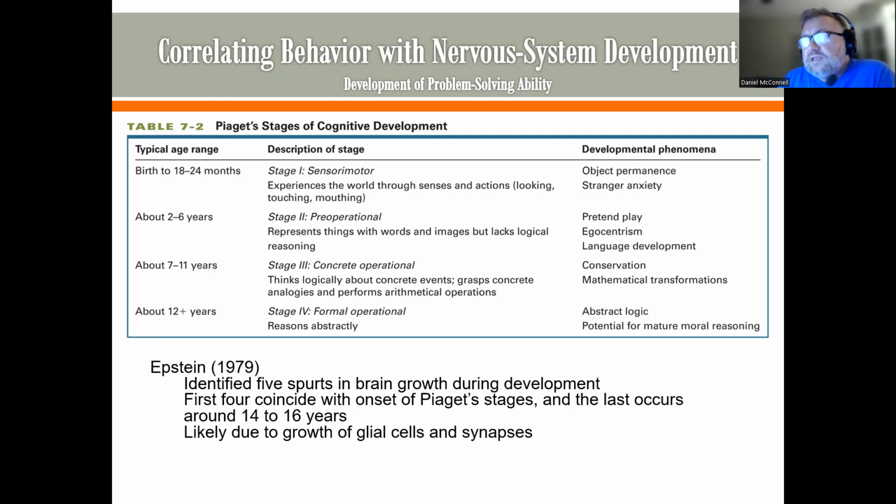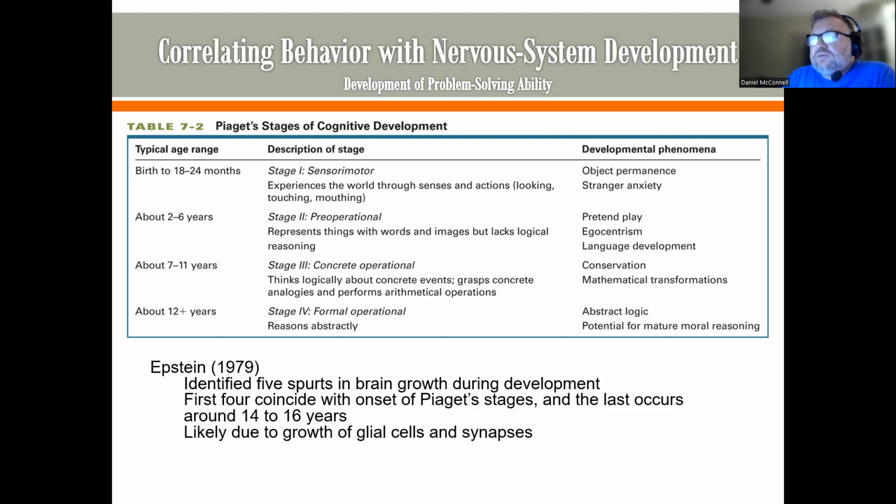And the idea here is that children are just learning how to understand the world through their senses, right? Their visual system is developing, their sense of touch is developing, and at the same time that those sensory and perceptual systems are developing, their motor skills are developing, and they're learning about certain properties of objects in the world and how to move around and interact with these objects, right? So this is the basic idea for that particular stage.